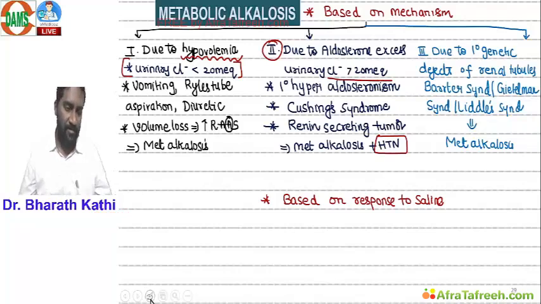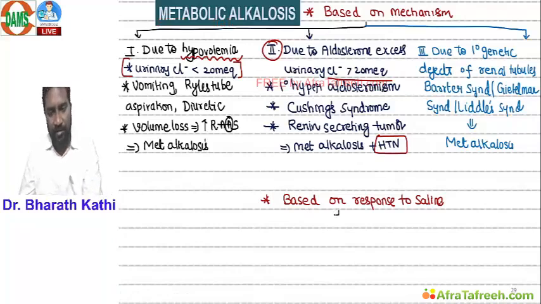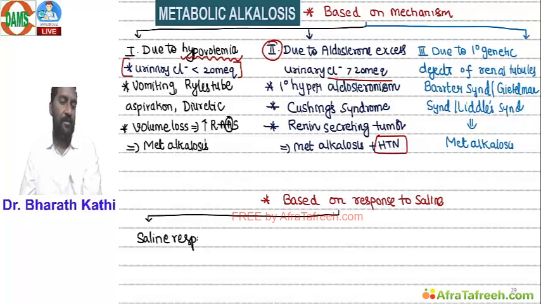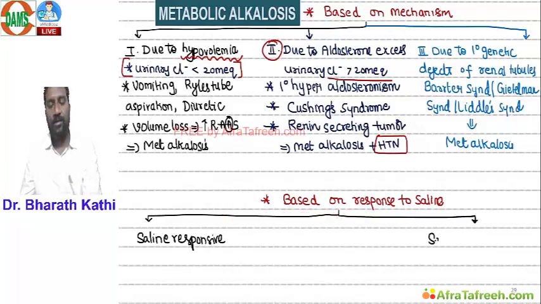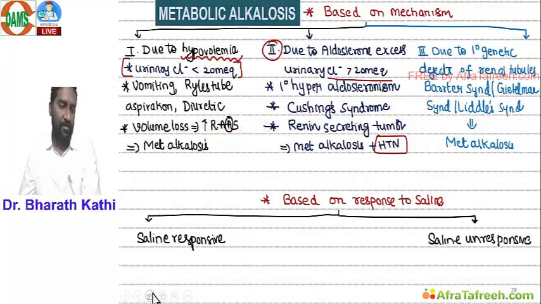But when it comes to clinical practice, the next classification is very important. Based on response to saline, it is classified into saline responsive metabolic alkalosis, where the metabolic alkalosis can be immediately corrected by saline. Other is saline unresponsive. Can anybody tell me out of these three categories, which is saline responsive?